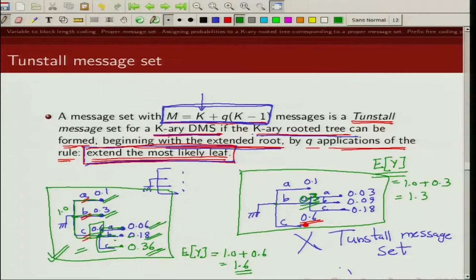Whereas in this particular example, where we have considered a non-Tunstall message set, the leaf probabilities are 0.1, 0.03, 0.09, 0.18 and 0.6, whereas the nodes have probability 1 and 0.3. So you can see here, for a non-Tunstall message set, we have a leaf which has probability more than a node, but this is not going to happen if your message set is a Tunstall message set, because in a Tunstall message set we are extending the most likely leaf.